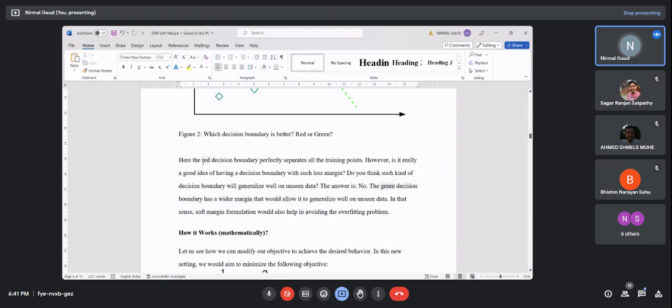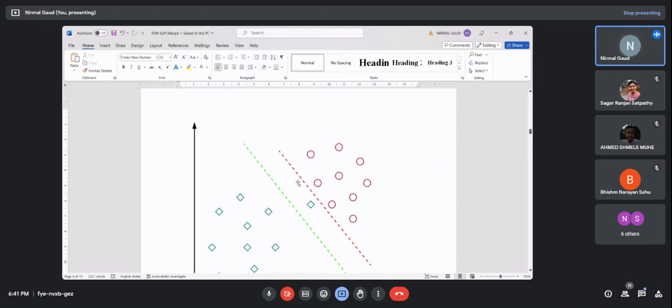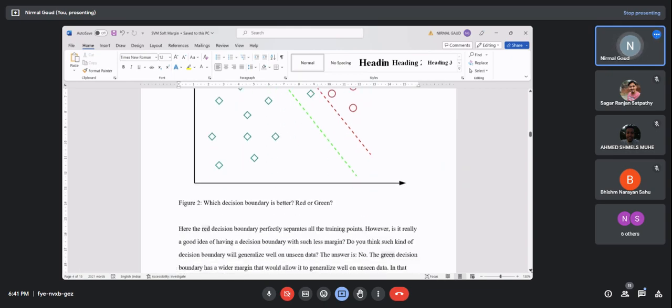The answer is no for the red decision boundary, because when you make the decision boundary closer, it violates the generalized formula rule on which we derived that the margin should be wider. Here the margin is closer, it's not wide, so it's violating that rule. So this kind of margin is not good.